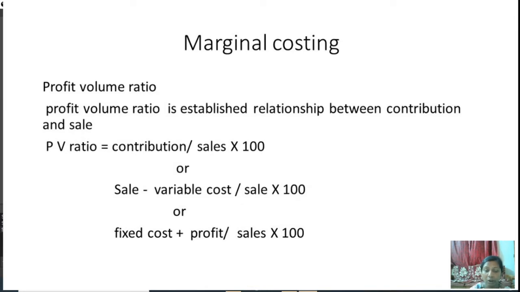We also use another formula: fixed cost plus profit divided by sales into 100. All these formulas are used to calculate the PV ratio, and they are applied depending upon the information given in the problems.